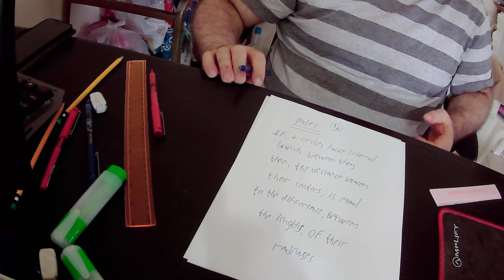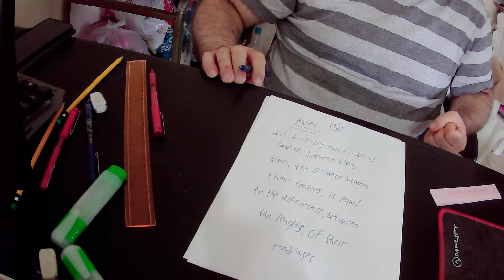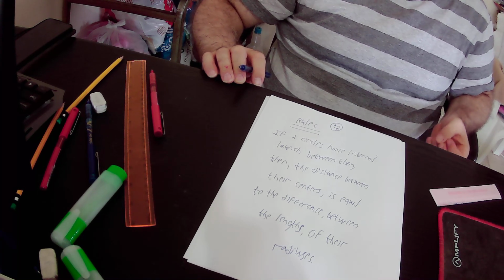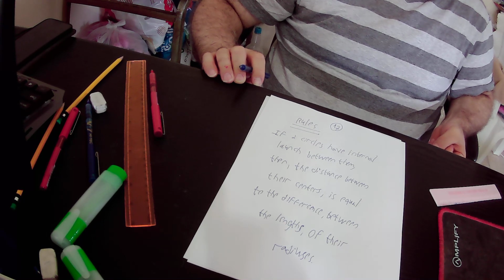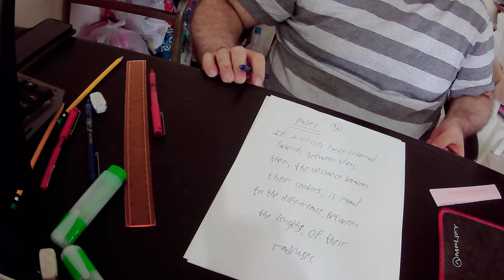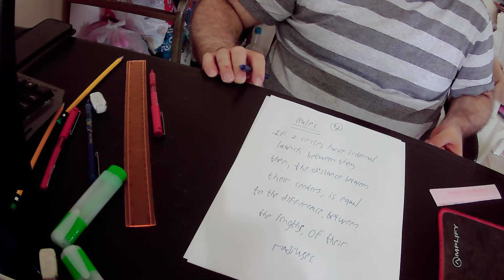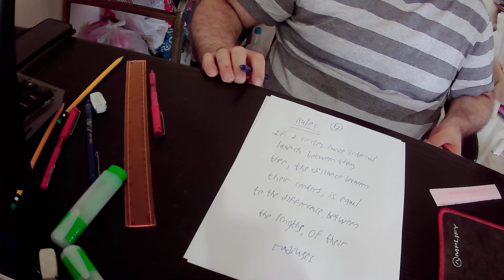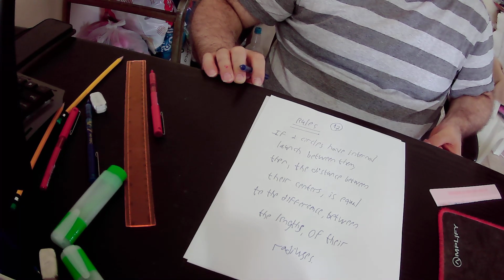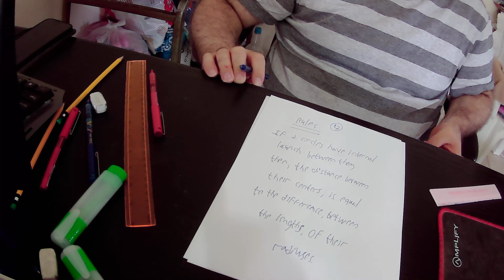So actually rule number 5 states that if two circles touch each other internally, then the distance between their centers equals the difference between the radius of the big circle minus the radius of the small circle.